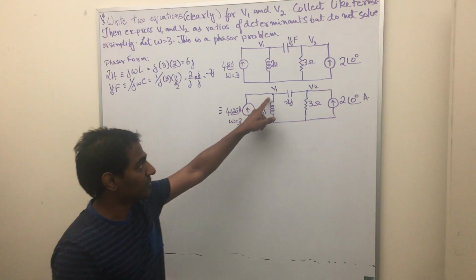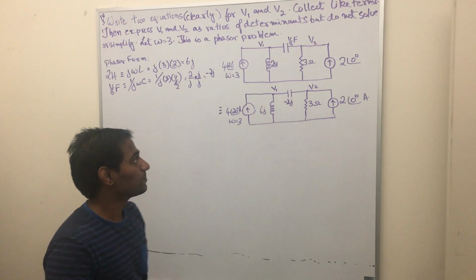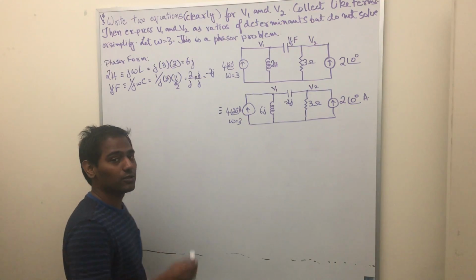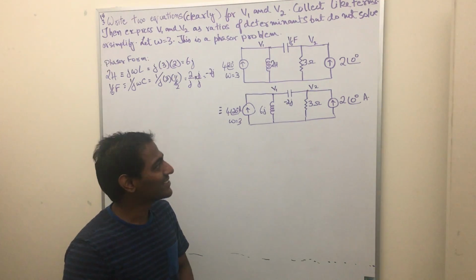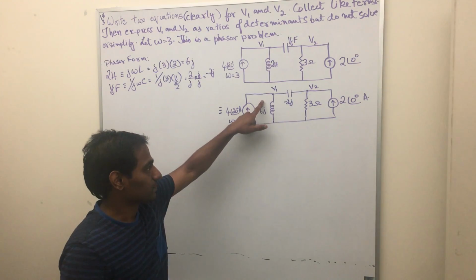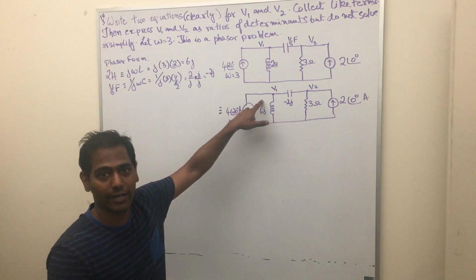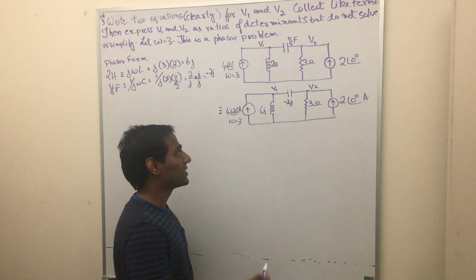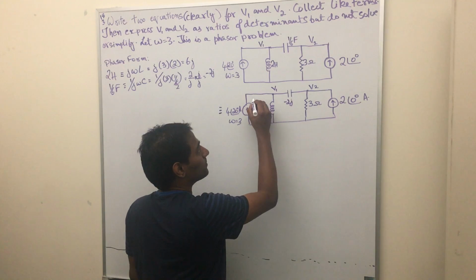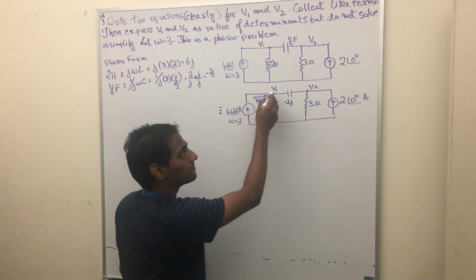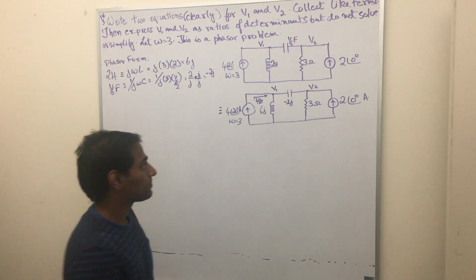You have to find the equations to represent V1 and V2. To do nodal analysis, you can write how the current flows in the circuit. That would make it easier and you would avoid mistakes. So there's 4 at an angle 20 degrees flowing into the node V1.